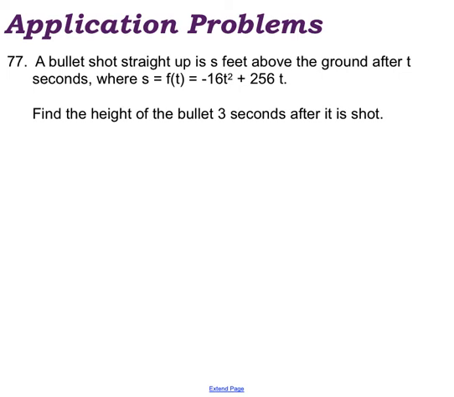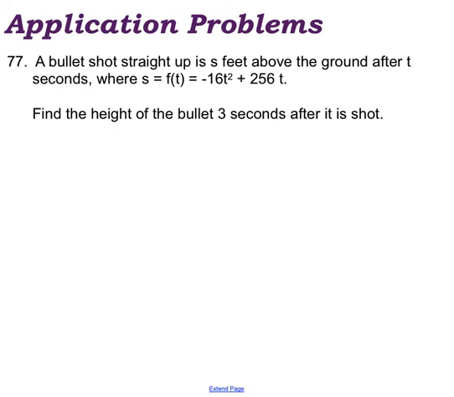Now, how do you solve an application problem with functions? Well, really, they're pretty simple. You are just going to take the function that they give you, which this one is for a bullet that is being shot. So it says a bullet shot straight up is s feet above the ground after t seconds, where s is equal to the f of t, which is equal to negative 16t squared plus 256t.